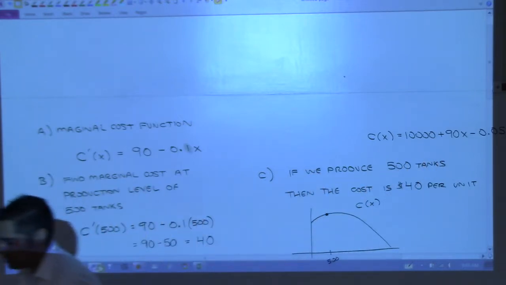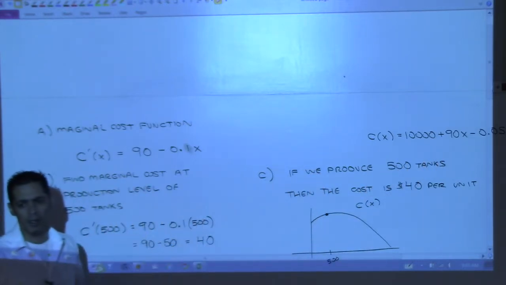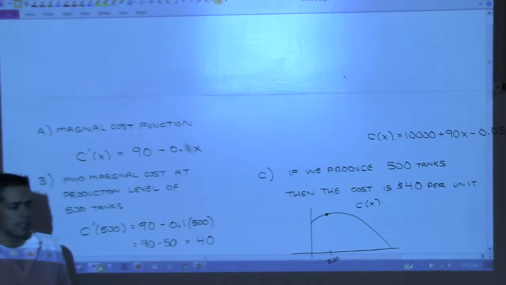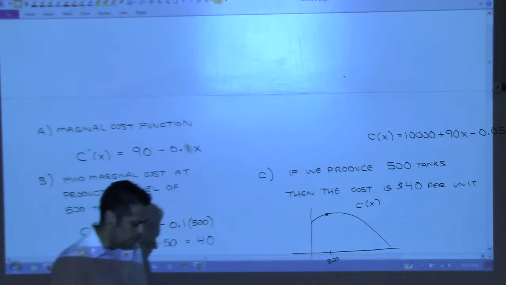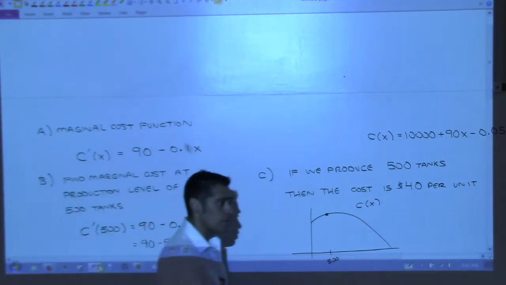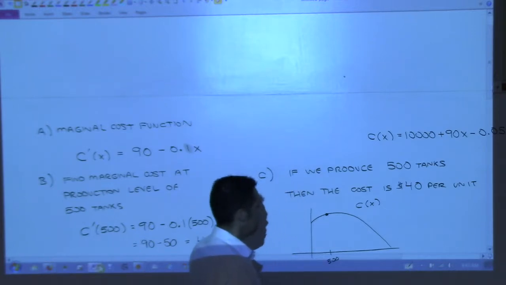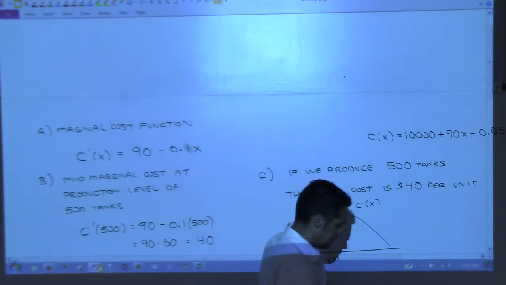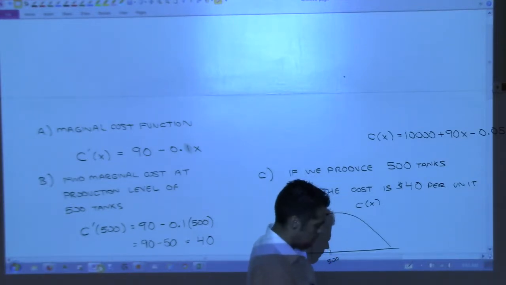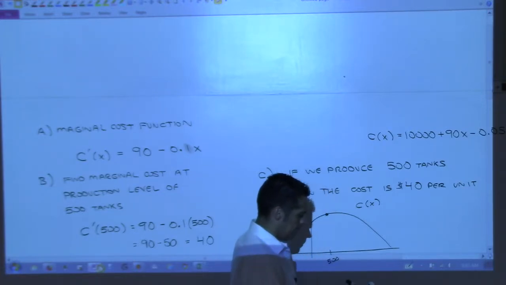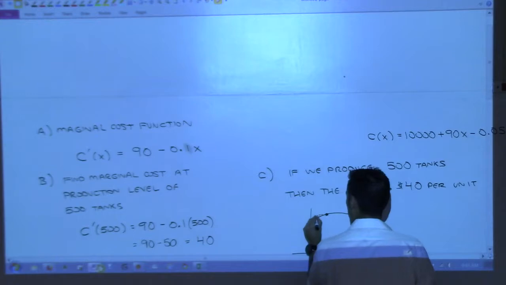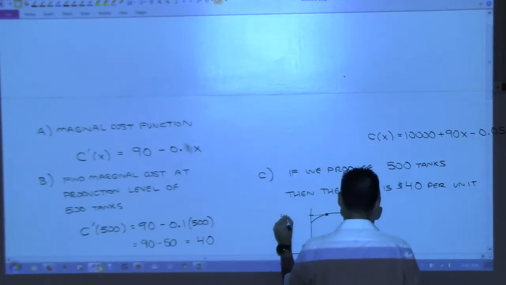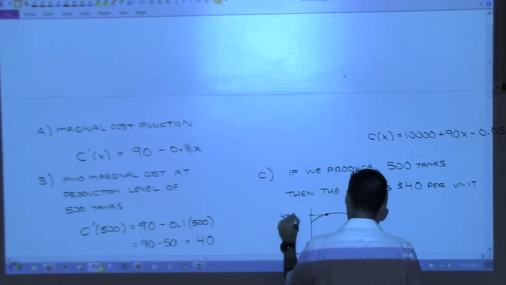Let me do that real quick, because we really need to be able to interpret this 40 and understand what it means. This is a little bit off, but I appreciate you at least going for it. So I'm going to take 10,000 plus 90 times 500 minus 0.05 times 500 squared. I get 42,500.